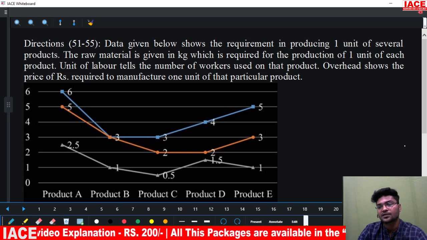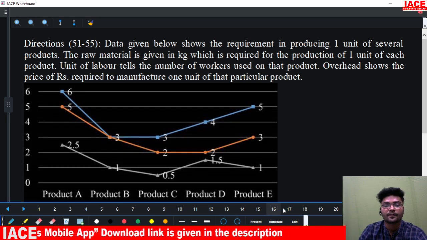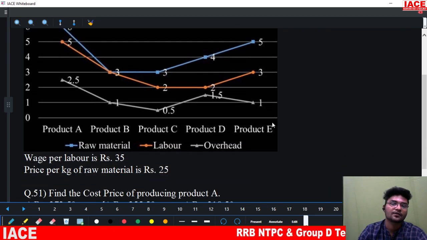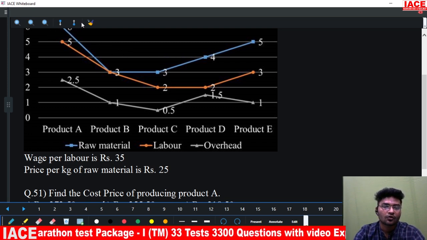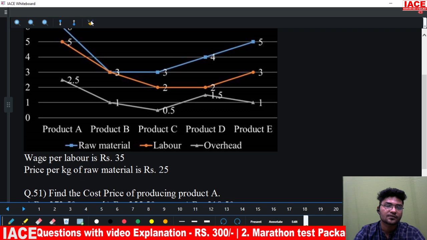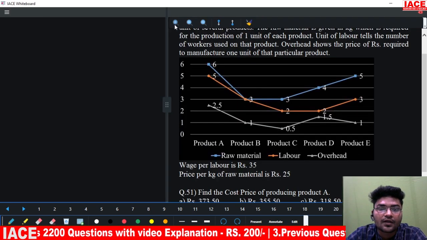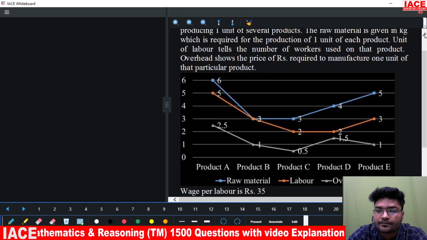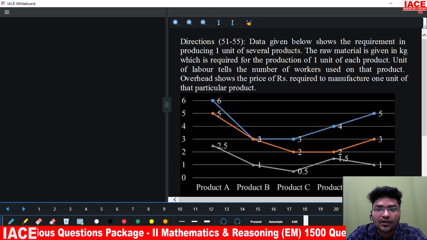So one more pie chart, one more DI we have here. This DI is a line graph. Line graph showing 5 different products, labor, raw material and their overhead charges. So if I take a little bit of time and observe, the question here is saying the data given below shows the requirement in producing 1 unit of several products.